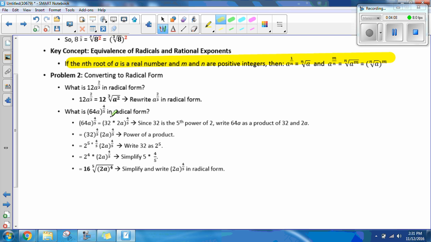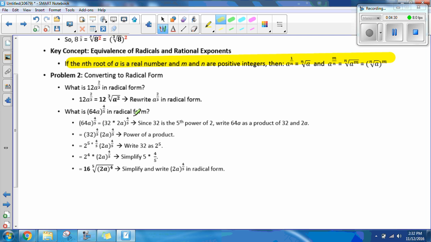And there is no 5th root of 64, at least not an integer, so we need to find a factor of 64 that does have a 5th root. We know that 2 to the 5th power is equal to 32. So we're going to rewrite the 64a as 32 times 2a.